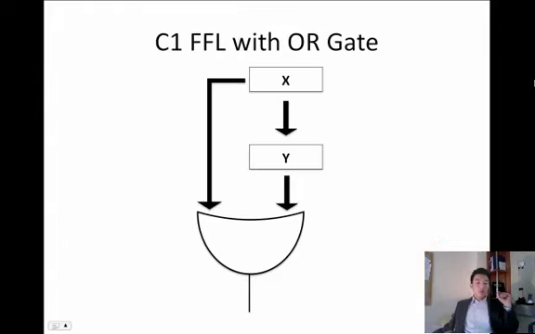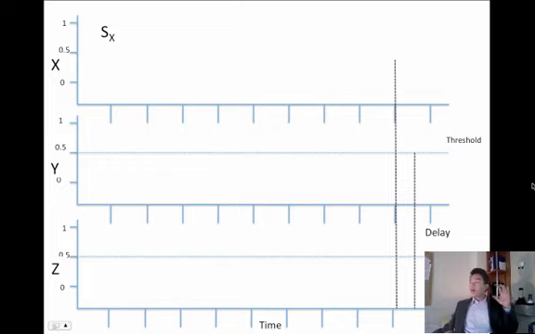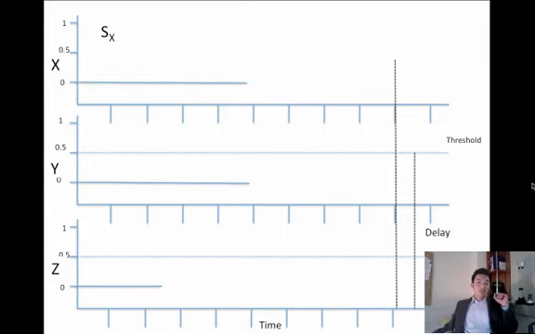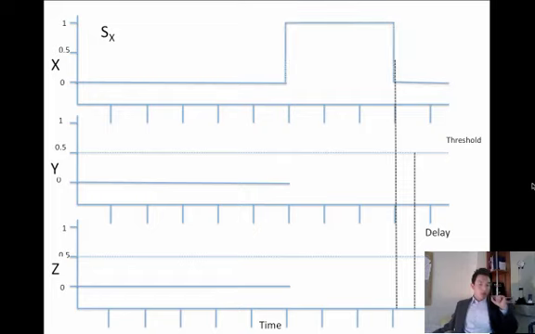Now, that was the coherent 1 FFL with an AND gate. If you look at the OR gate, the dynamic would look a little bit different. Are we clear? Now, you'll have a signal, and even though you have a long signal in the OR gate, when the signal starts rising, at that moment, both your proteins Z and Y rise together.